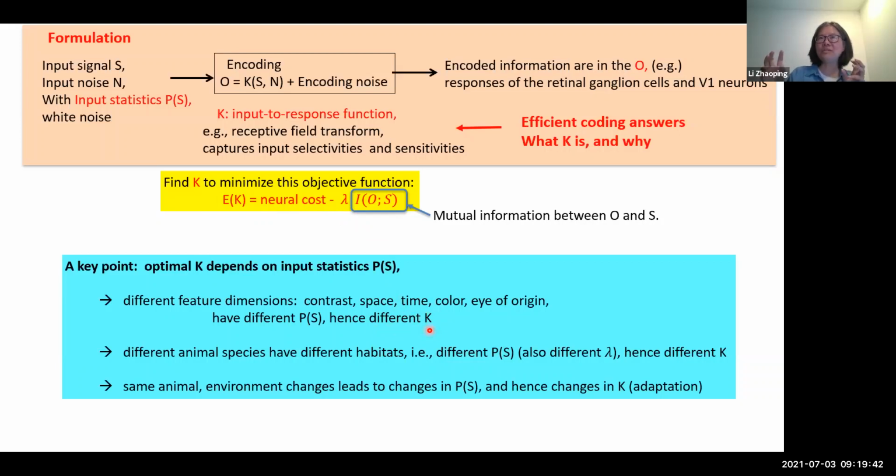So you can understand residual fields in space, time, color, and everything by the same principle, just by giving different input statistics. That's the power when people ask, can we have first principles, a unifying principle? A unifying principle means lots of things, one principle. Lots of things, space, color, eye of origin, and one principle.